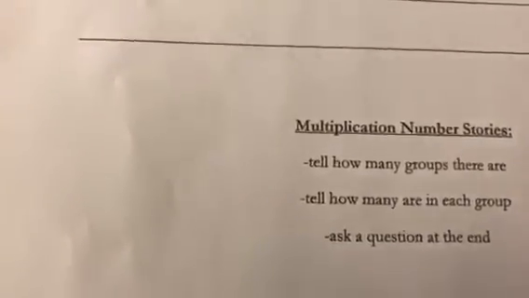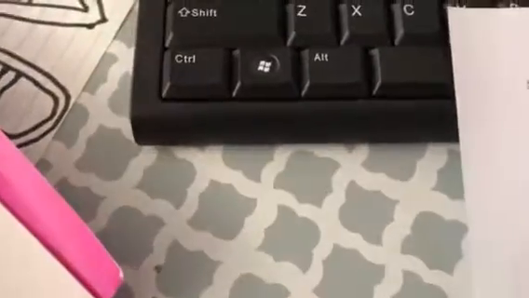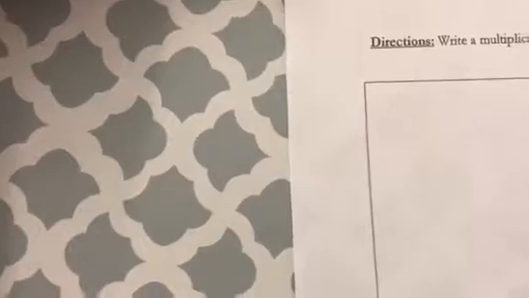So what we can do, I'm going to do this right now just to show you what it would look like on this paper where we set up some of our original ideas. We want to tell how many groups there are. There are 4 boxes.